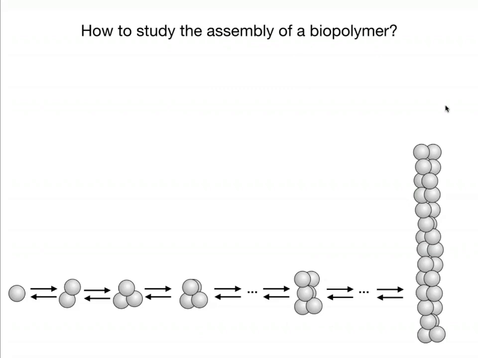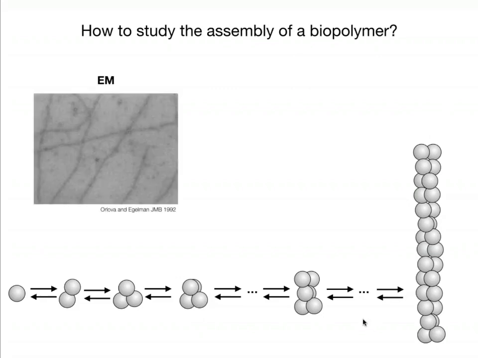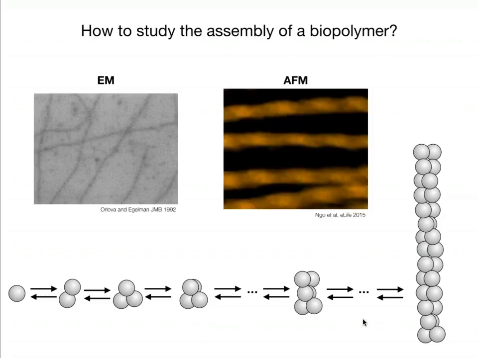We know the structure of these filaments fairly well from imaging techniques like electron microscopy, or more recently also from atomic force microscopy. And these give very detailed insight into the structure of these filaments. For example, in these AFM images, you can directly see the helical nature of these filaments.